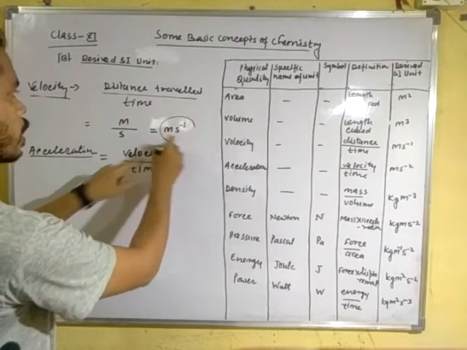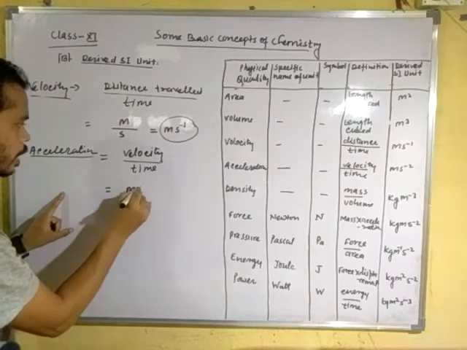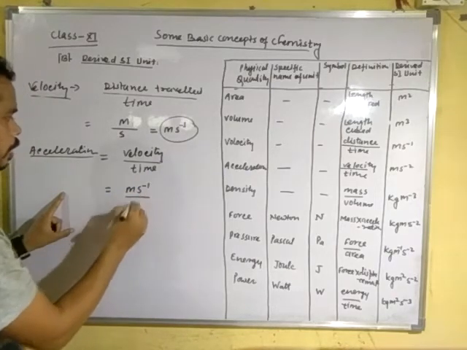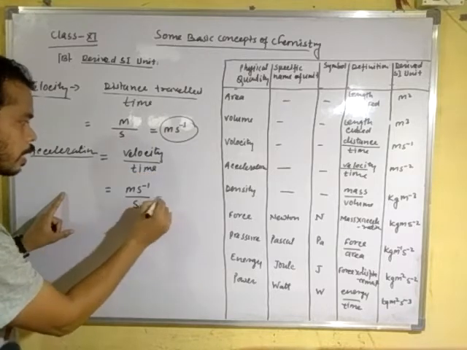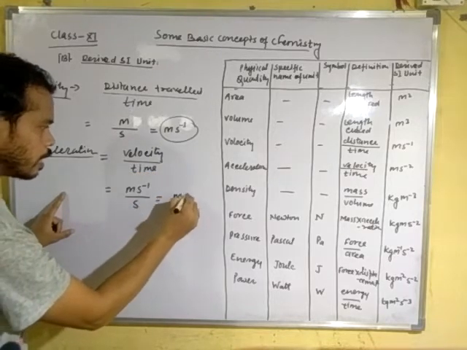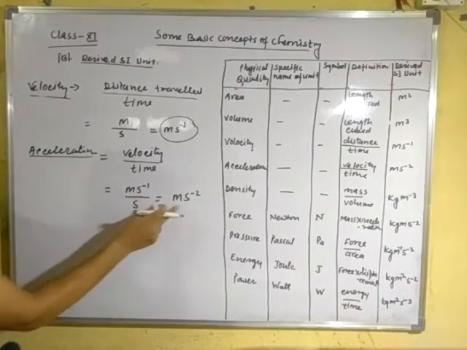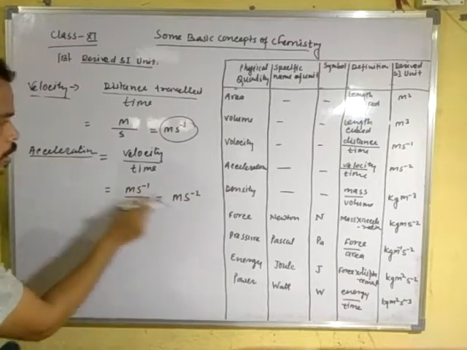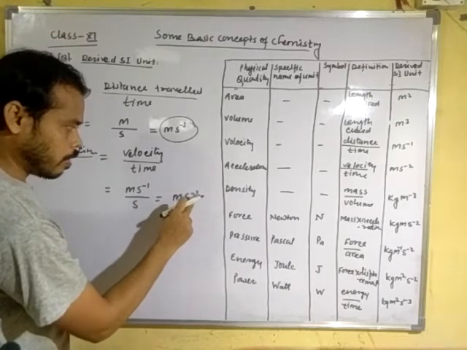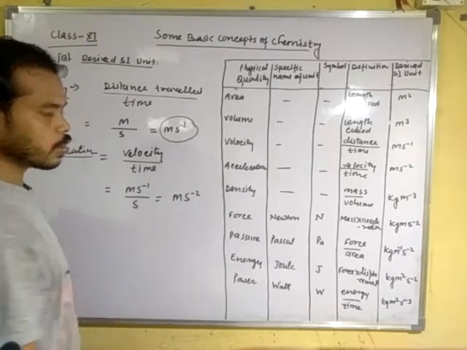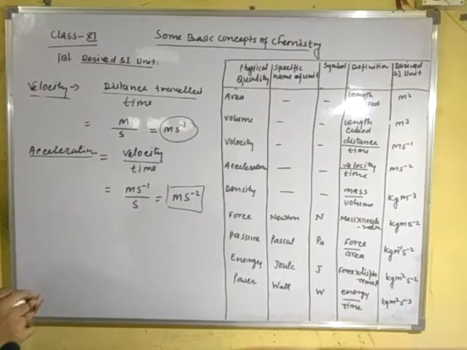Put this value here: meter second inverse upon time. The SI unit of time is second, so it will be meter second to the power minus 2. That means the derived SI unit of acceleration is meter second to the power minus 2. Clear? Okay. Now another one, density.